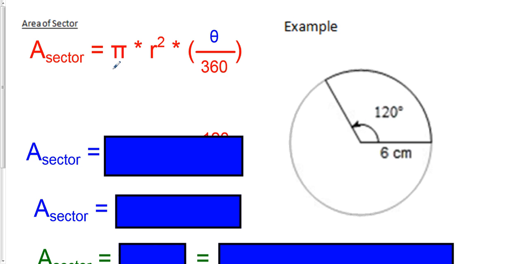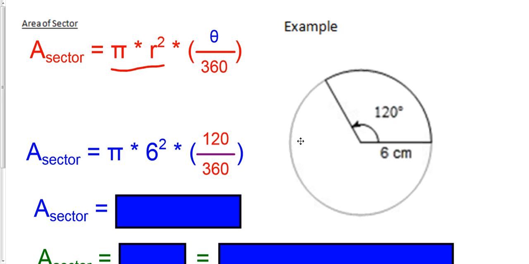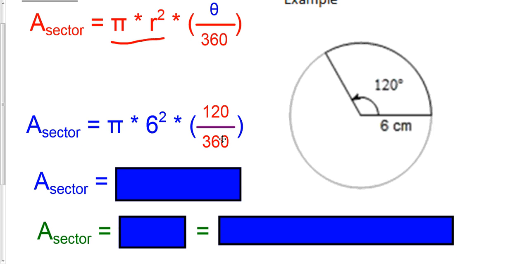Well, we do the area of the circle, this pi times r squared, and then we multiply it by the fraction of the circle, so whatever this degree is over 360. In this specific case, 120 over 360 is going to reduce to 1/3.